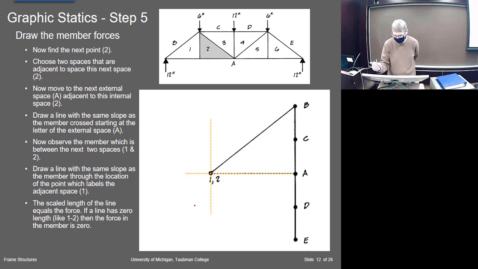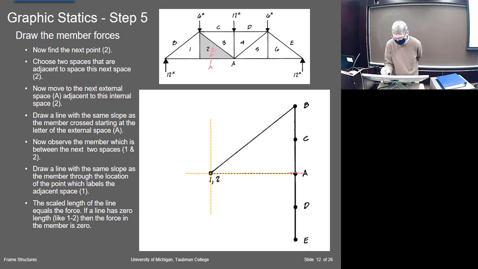So here's the next field. We can go from A to 2. Well, I don't know where 2 is, but I can draw this line here.